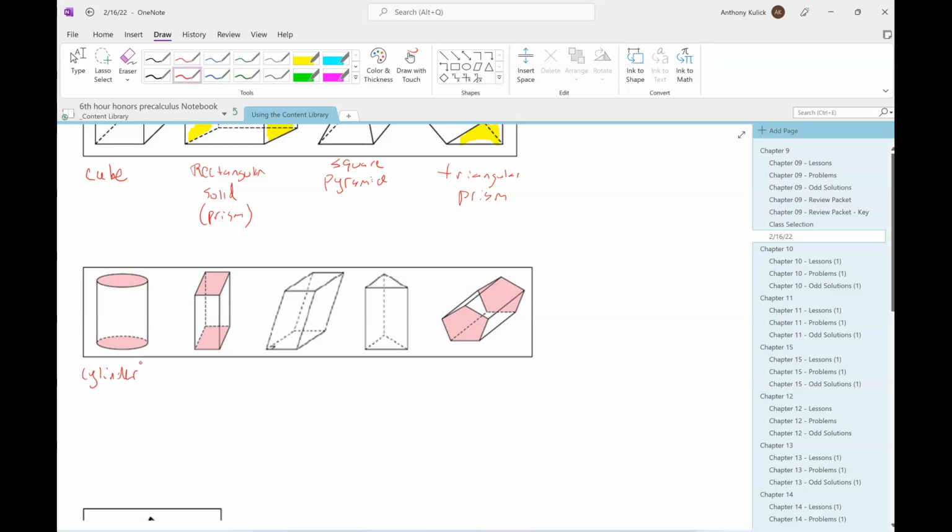It's kind of a trick question. Rectangular prism? Yeah, it's still a rectangular prism. And if I look at the third one, what is that? Still another rectangular prism, right?